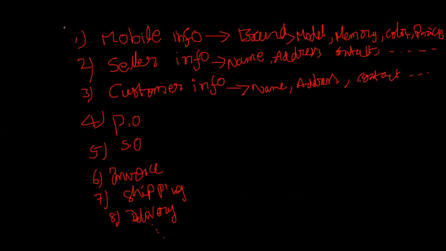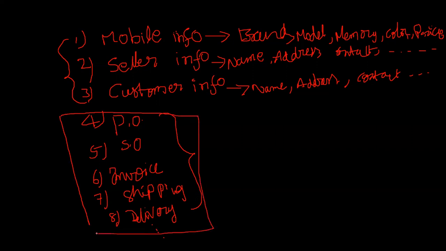Now, among all this data, what is the primary? The primary information is these three. Without these three, can we at least imagine the rest of this data? We can't imagine, because if there are no mobiles, no seller, and no customer, then how can the transactions be made? No purchase order, no sales order, no invoice, no shipping, no delivery.